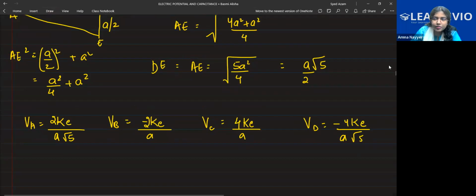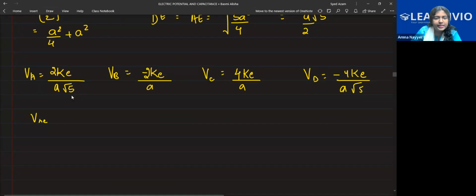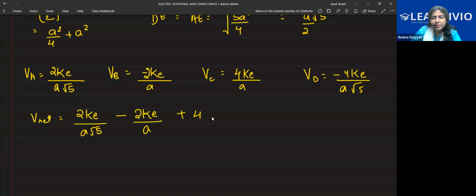Now we'll just add them. For the net potential, we'll simply add it. So 2KE by A root 5 minus 2KE by A plus 4KE by A minus 4KE by A root 5.